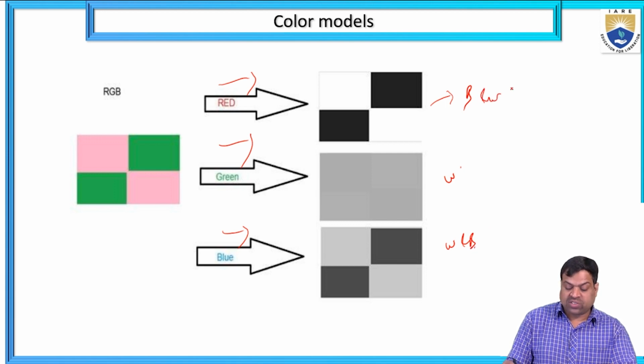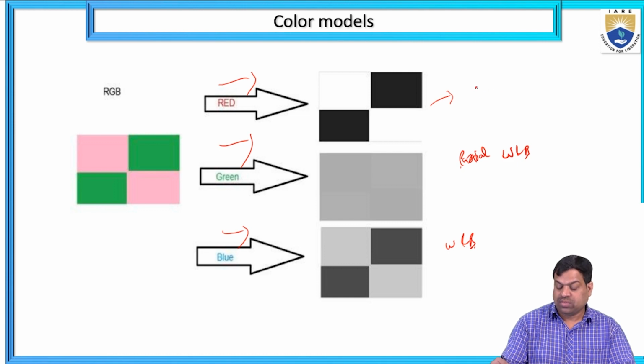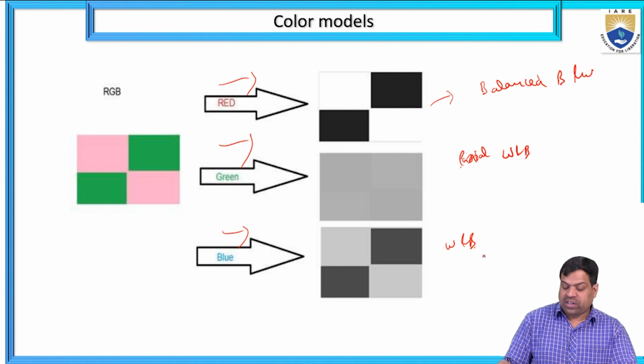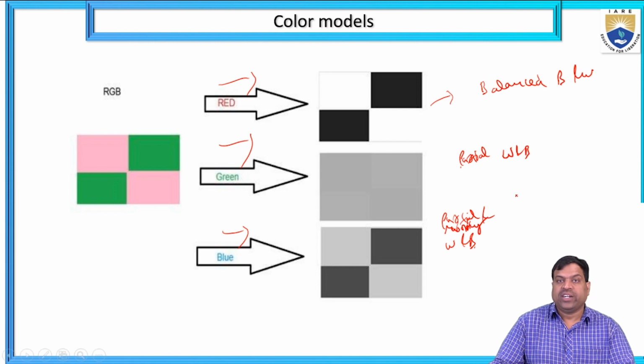Here the majority is black, here it is partially white and black, here balanced black and white, and here the majority is white. This is the conversion of RGB to gray level or grayscale.